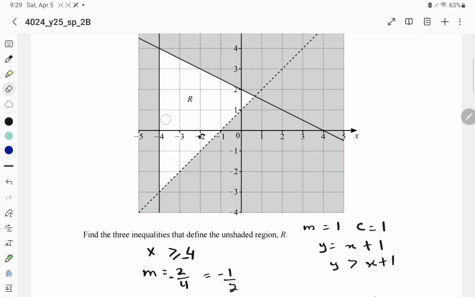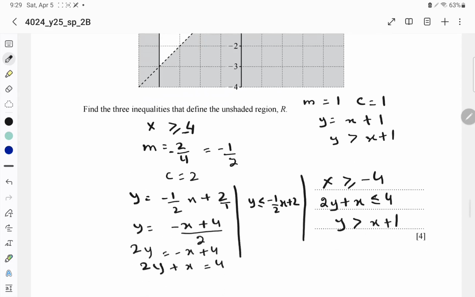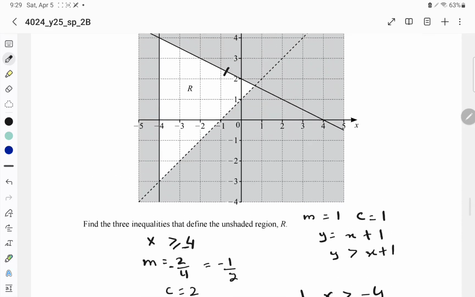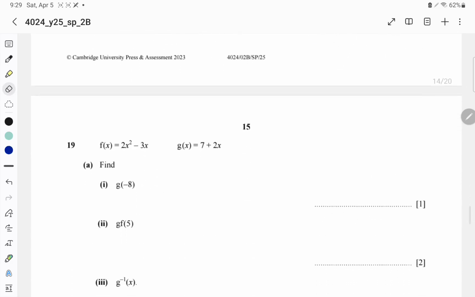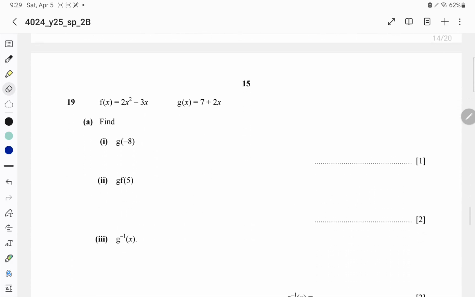I hope you understood this question: x is greater than or equal to minus 4, and y is less than or equal to minus half x plus 2, and y is greater than x plus 1. Now question number 19. We are at question number 19 now.